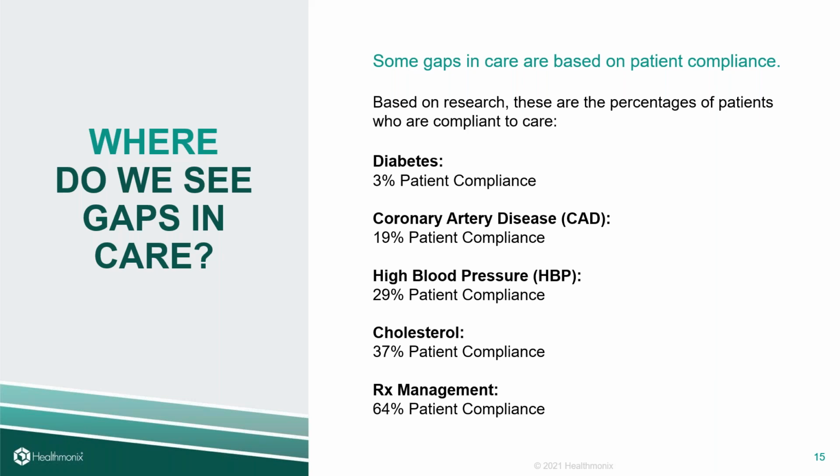Of course, we see that some gaps in care are based on patient compliance. For those, it's certainly more of a challenge because it's not always within your control. It's a higher lift, it's a harder pull to get those patients to comply. But we can see there's so many areas here that we can work with patients and really work to improve their care, close the gaps, and help them have a healthier life.